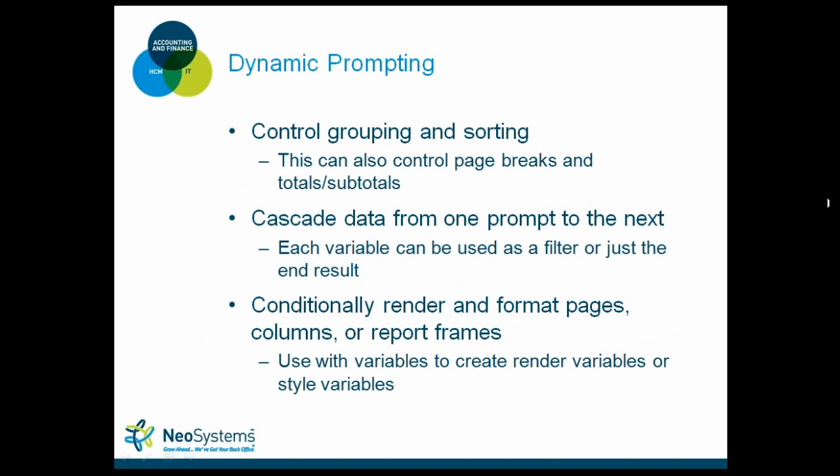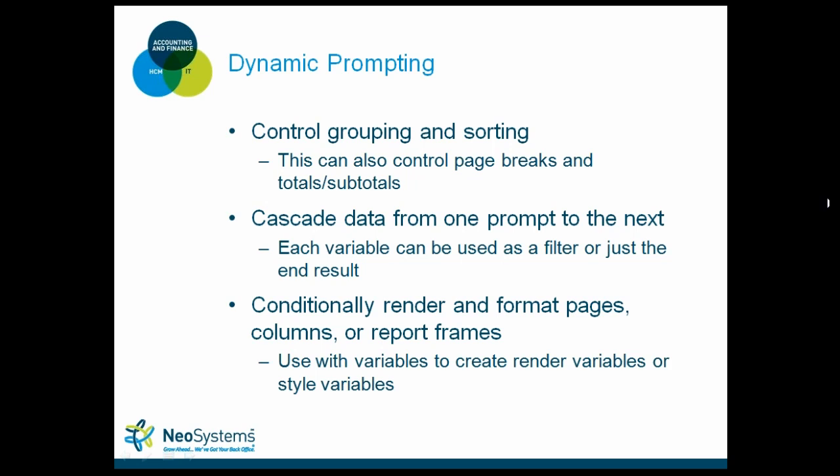So the dynamic prompting, the different aspects we're going to talk about today, and we'll be looking at examples. First is the control of grouping and sorting. All of the things we're talking about are controls that are put in place so that when the person runs the report, they determine how they want things to happen.